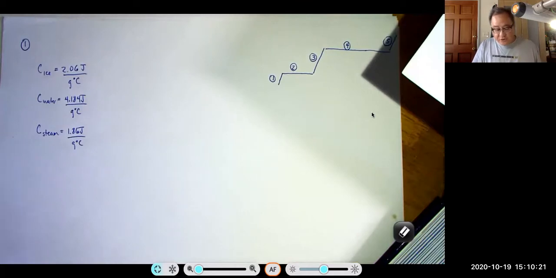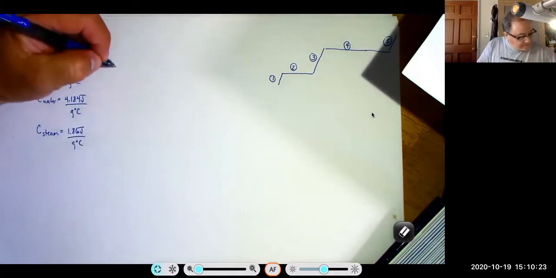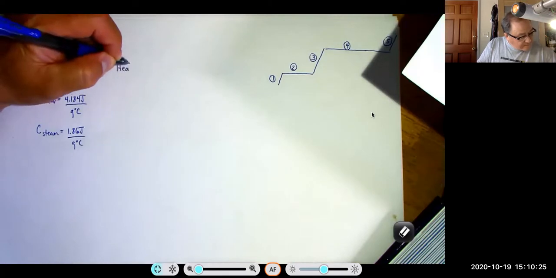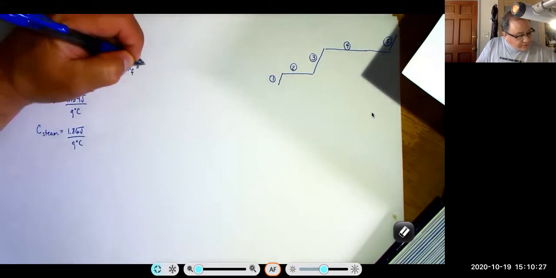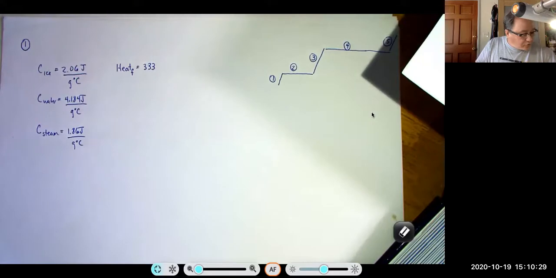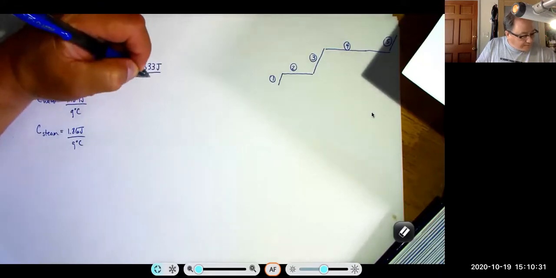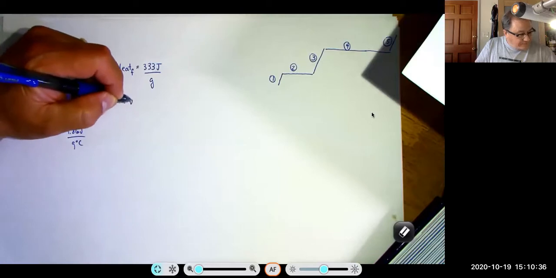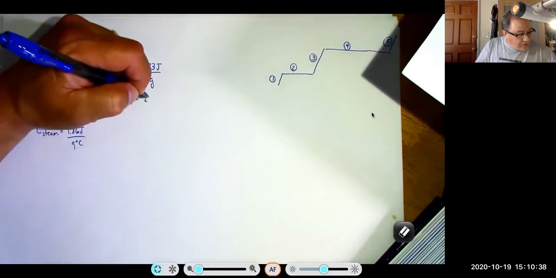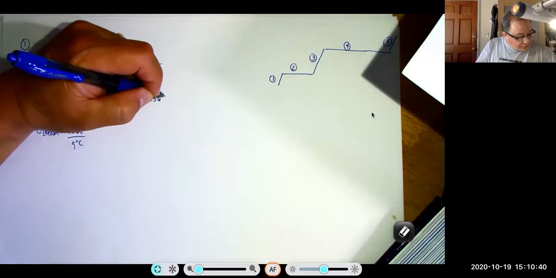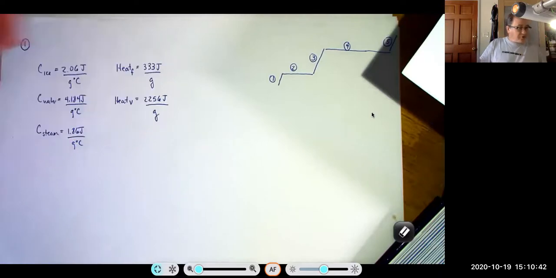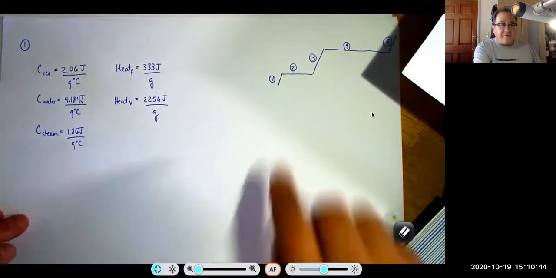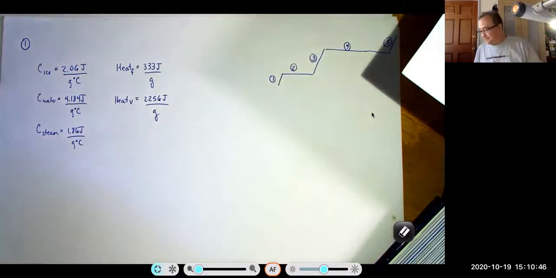Now, the heat of fusion is 333 joules per gram, and the heat of vaporization is 2,256 joules per gram. So those are values we're going to need for our 500 grams of water.